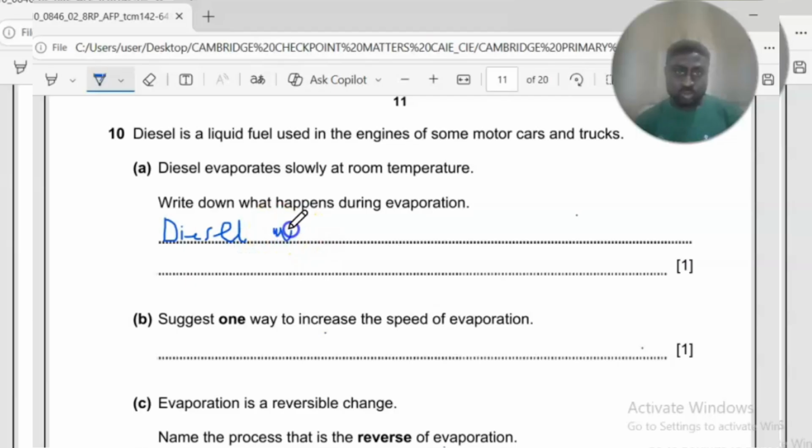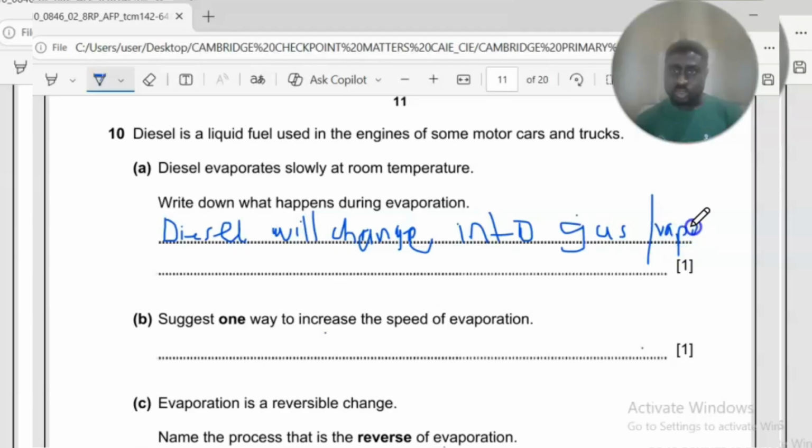will change, it will change into gas, or you can say vapor in this case.